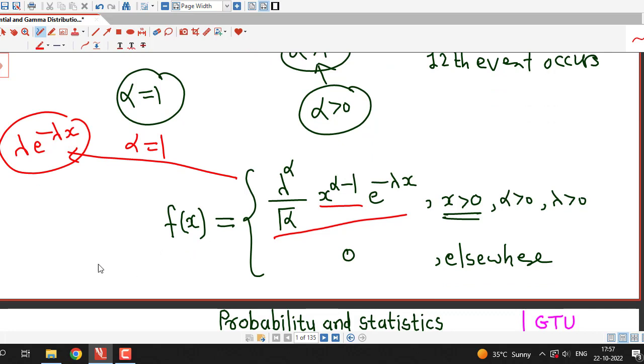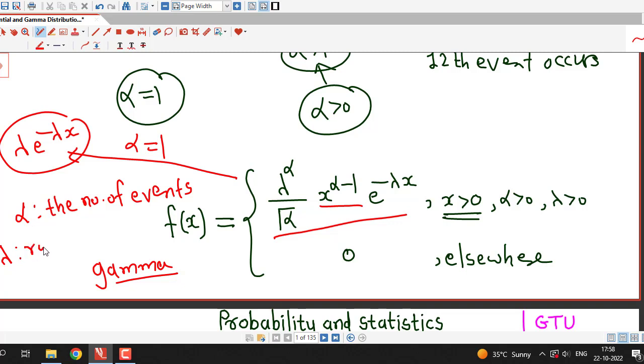So this is the probability distribution of a gamma random variable, and here we are using the gamma function of alpha, where alpha is the number of events for which we are waiting, and lambda is the rate of events, that is the average number of events per unit time. Alpha is known as the shape parameter and lambda is called the rate parameter.